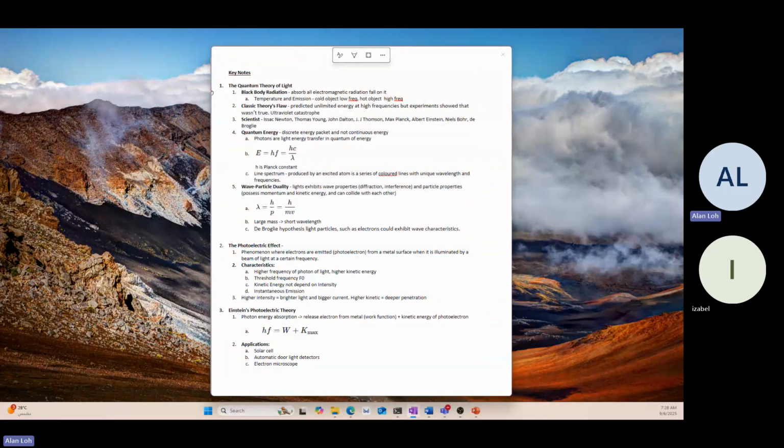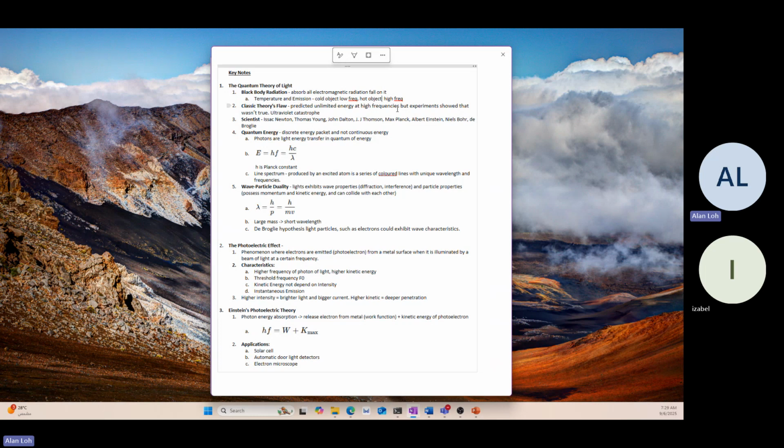All right. Drawer number 1, the quantum theory of light. Black body radiation. Absorbs all electromagnetic radiation that falls on it. Temperature and emission, cold object, low frequency.